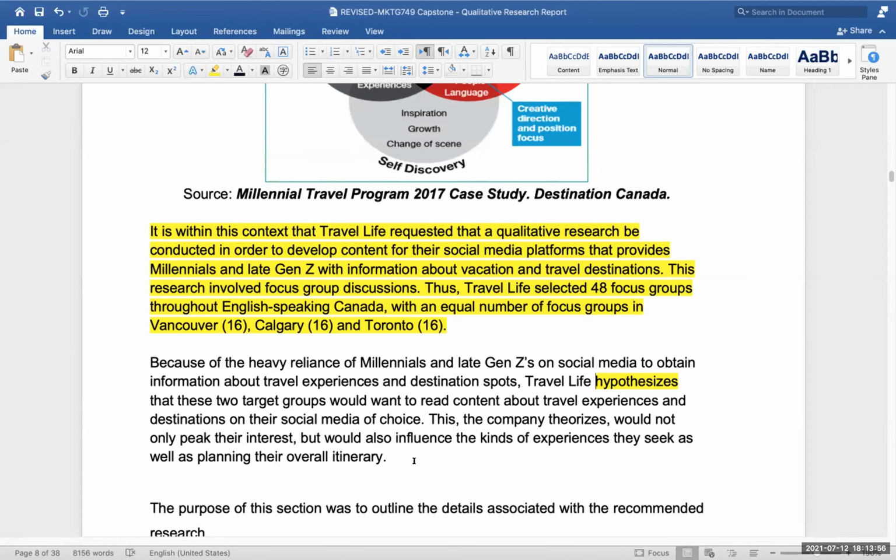In other words, the assumption is that millennials and late generation Z would want to see travel experiences on their social media. That's assumption one. And two, when they see this kind of content on their social media, this will in turn make them want to have similar experiences. Make sense?